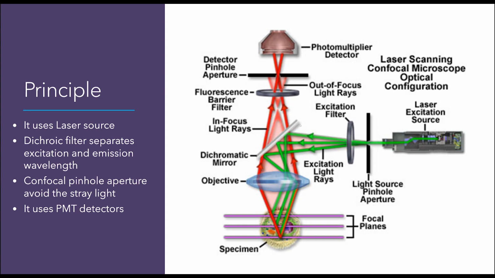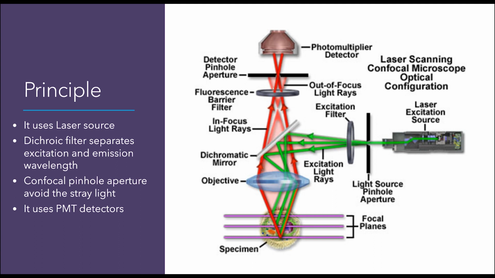So this is a layout of a fluorescence confocal microscope. Here there will be a laser source, which will be passed through the excitation filter, and later it will be incident on the dichroic mirror.